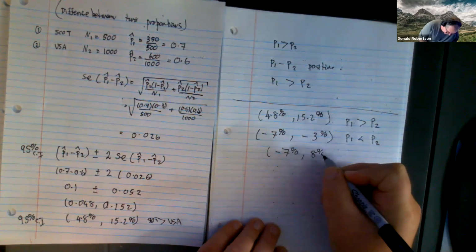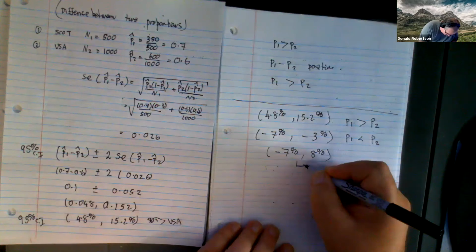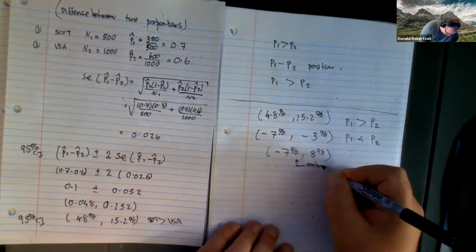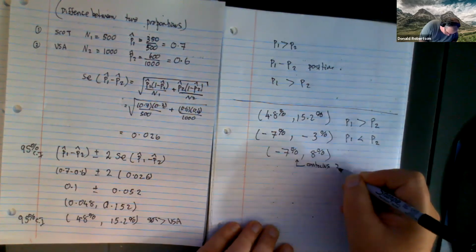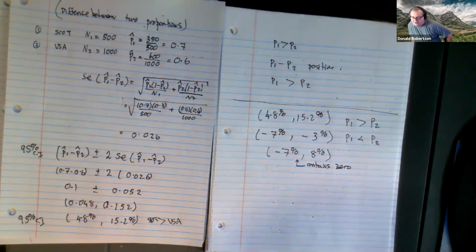And then you're going to get this one. Whenever you see an interval like that, you'll see the phrase it contains 0. What that means is that the interval contains negative numbers and it also includes all the way up to positive numbers. So would you agree 0 is in that interval somewhere?